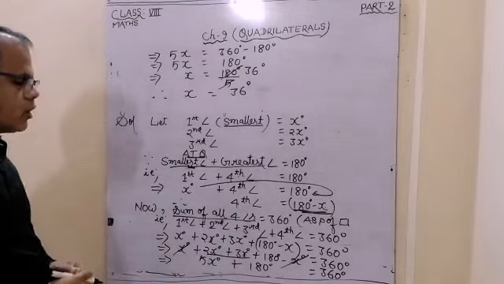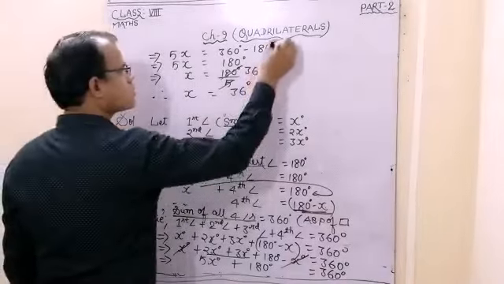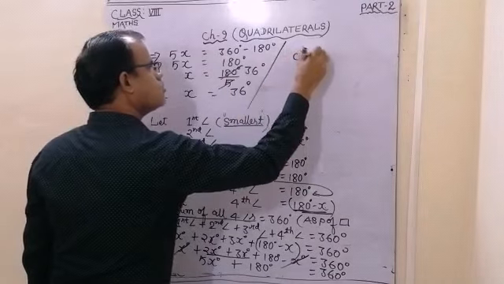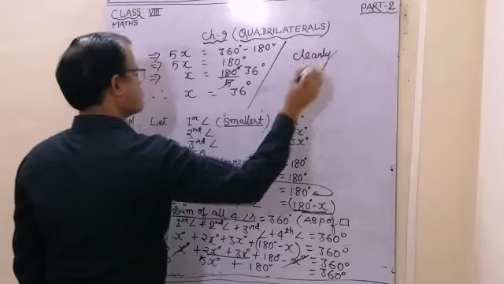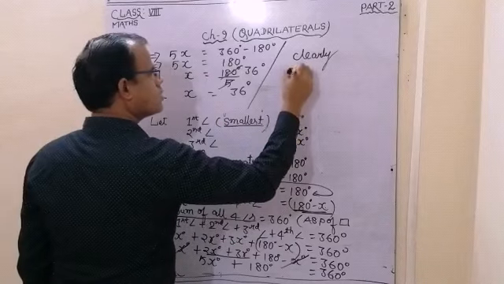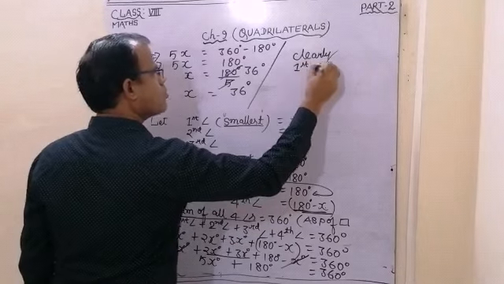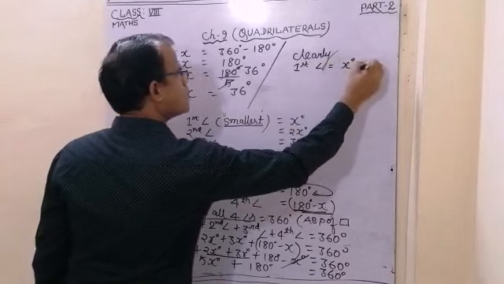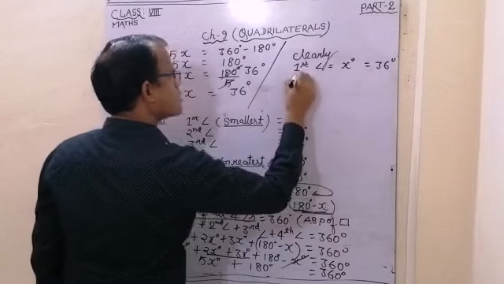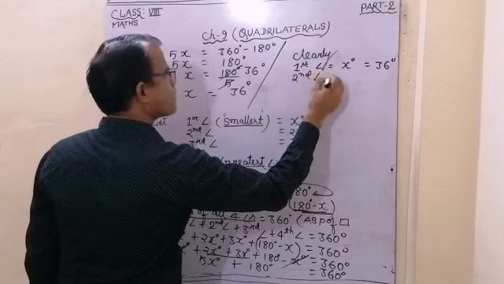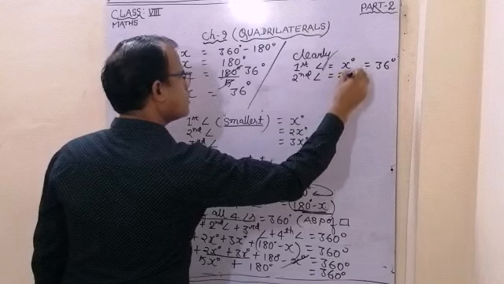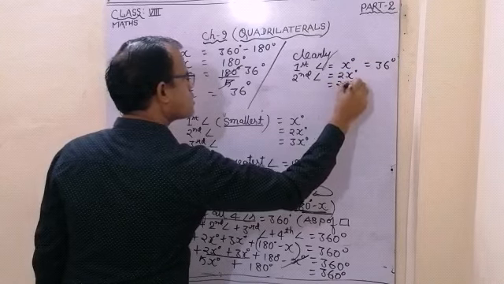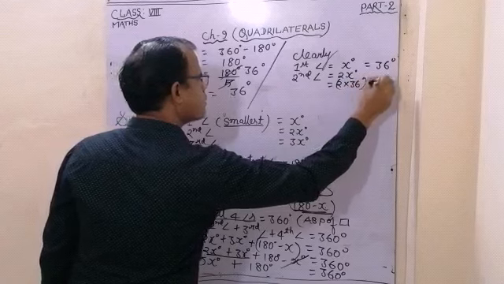Now you can find out the values of all angles clearly. First angle is x degrees, which means 36 degrees. Second angle is 2x degrees, 2 times 36, so it becomes 72 degrees.